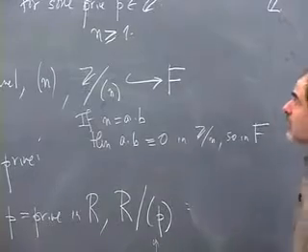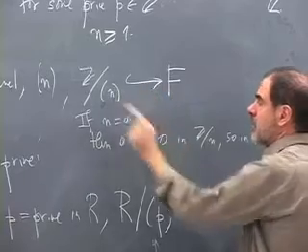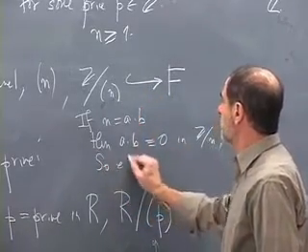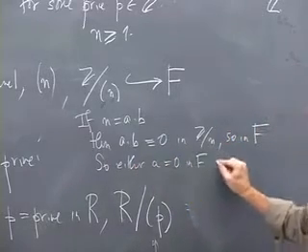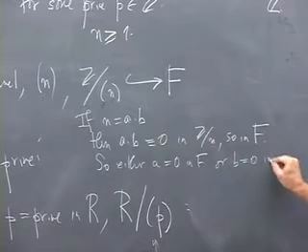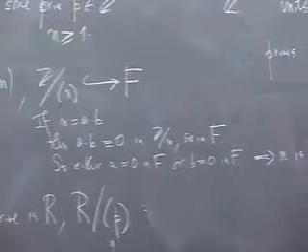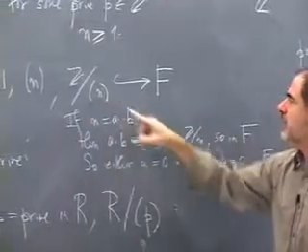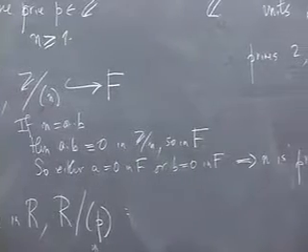Very good. So since this is a domain, n has to be a prime. So either a is equal to 0 in F or b is equal to 0 in F, which implies that n is prime. Any factorization of n, one of the elements would have to be 0 in this ring, would be divisible by n. Is a prime p.